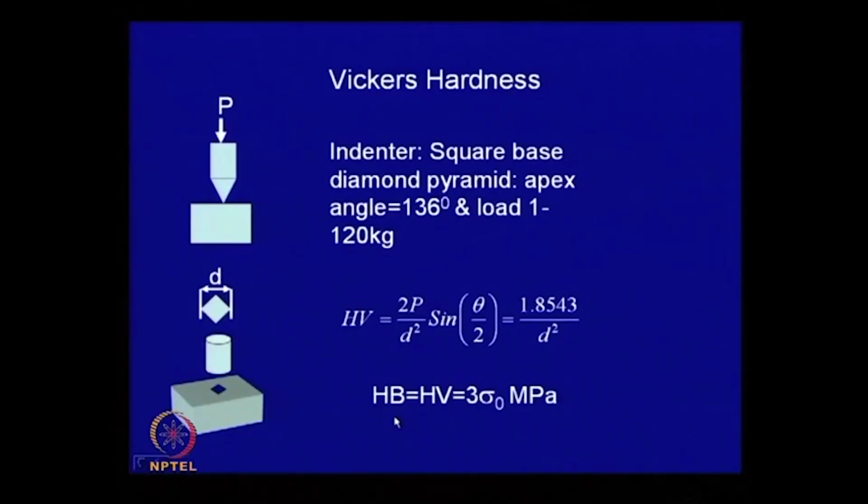It can be done on a very small piece of metal, particularly this Vickers hardness, and there is some direct relationship between Vickers hardness and the flow stress of the material, which is shown here. Sigma 0 is the flow stress, which you can say is some kind of a yield stress in between yield stress and UTS. So, if you measure hardness, you will get some idea about the tensile strength of the material.